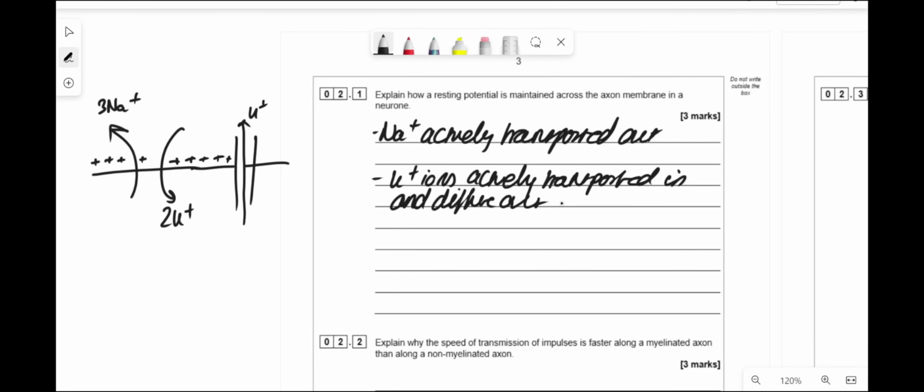And they need to describe the end effect of all of this. So in general, the membrane is more permeable to potassium ions because they're moving in and they're free to move out, whereas sodium can only really get out. So the membrane is more permeable to potassium ions.